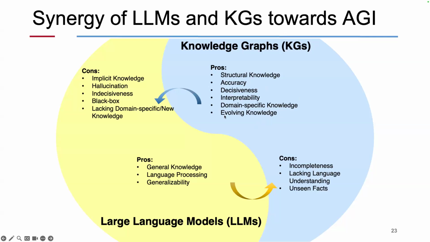We can always update the knowledge, and it's relatively easier than updating or fine-tuning an LLM. But knowledge graphs also have some limitations because they are always incomplete, and they are just triplets. They lack language processing capability and understanding, and there will always be some unseen facts inside the knowledge graph.